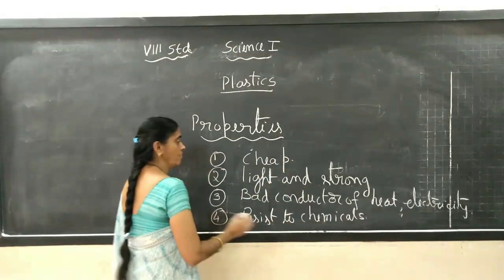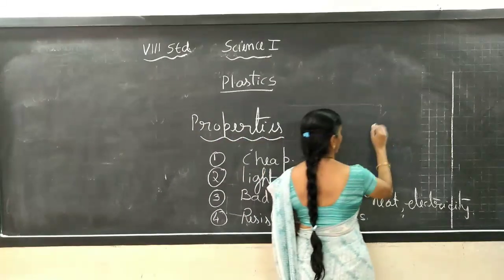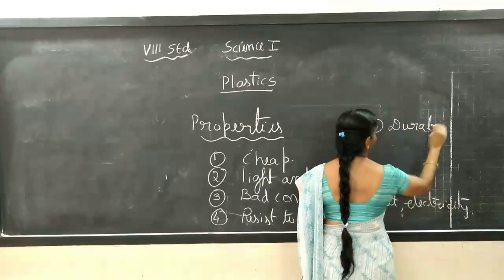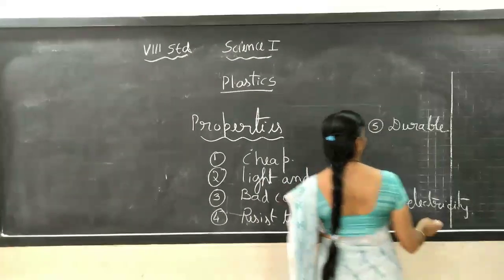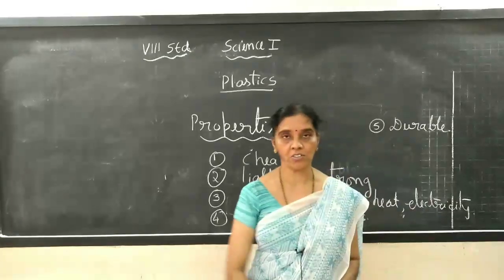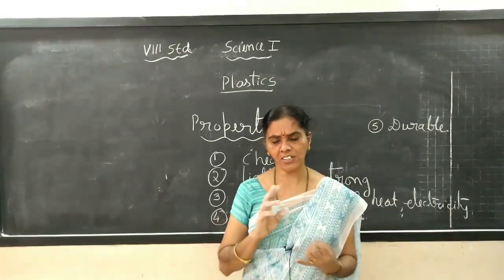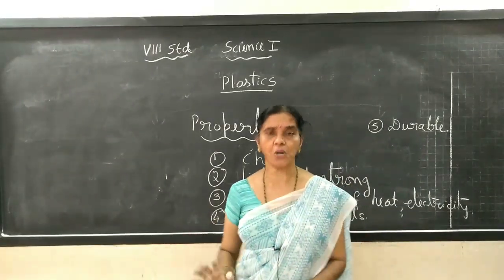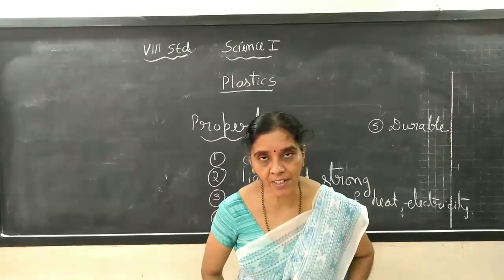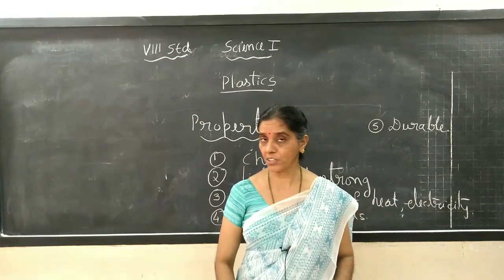Then durable. Its lifespan is very long. So that is why if you go to any shop, you will see plastic. Mainly it is used for packing purposes because it won't react.